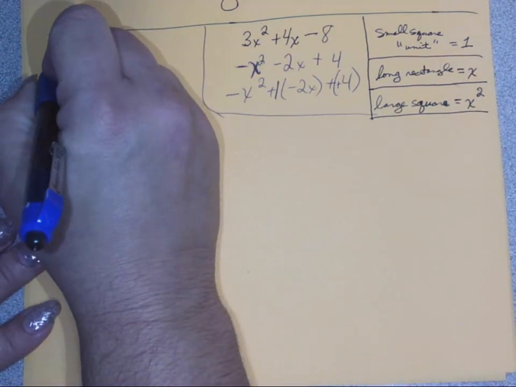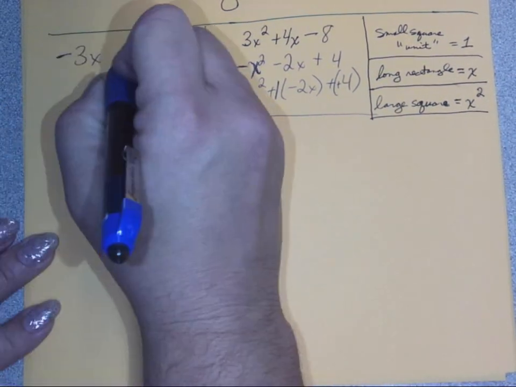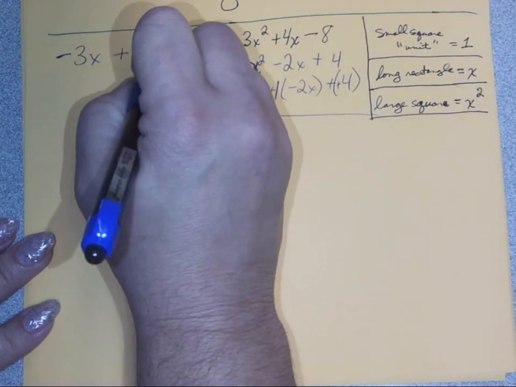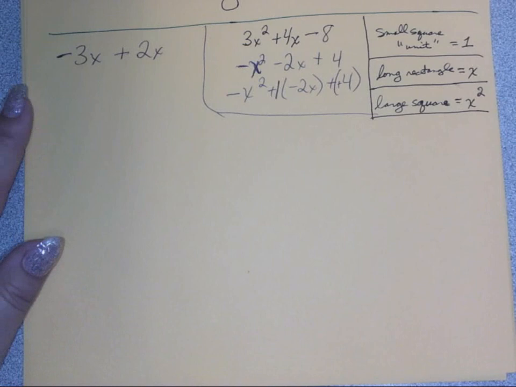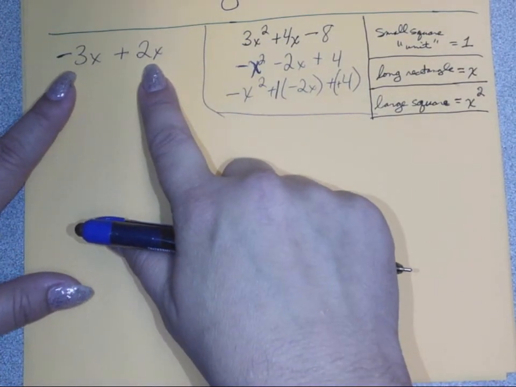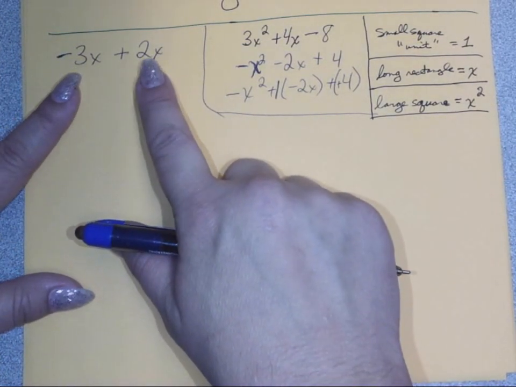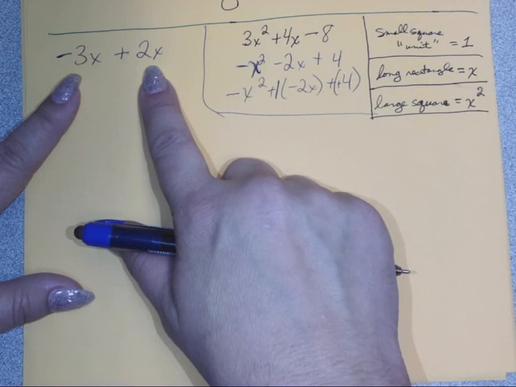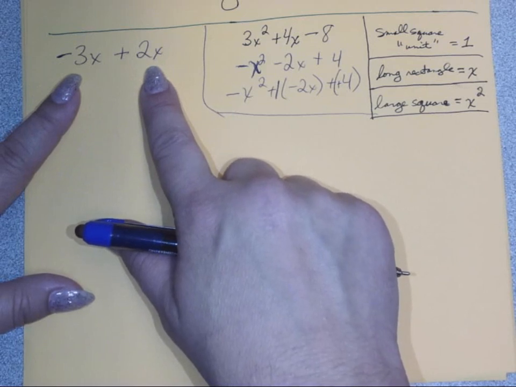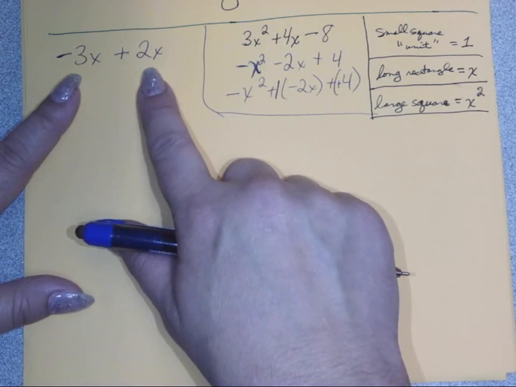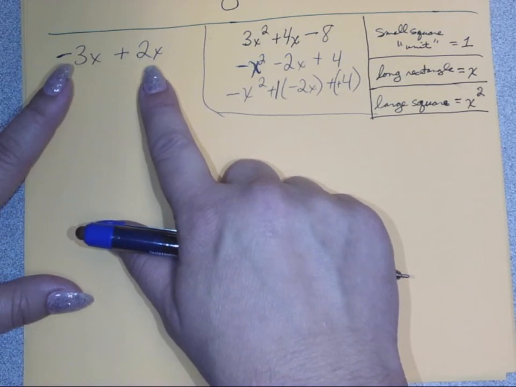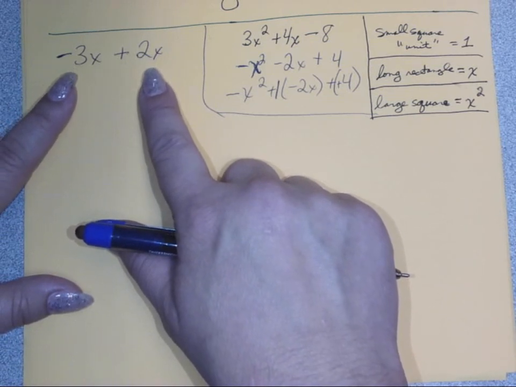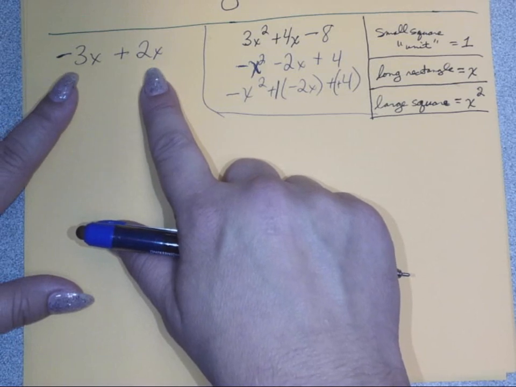Okay, on the one side I had negative 3x, right? And on the other side I had a positive 2x. So negative 3x plus 2x. What the heck's going on there? Now this is adding, and they have opposite signs, right? So for us as adults, we go, oh, when you're adding something that has opposite signs, you just subtract and take the sign of the bigger number, right?